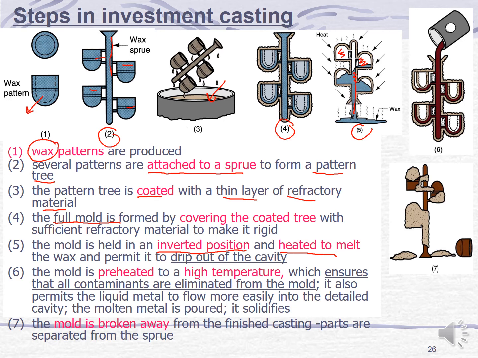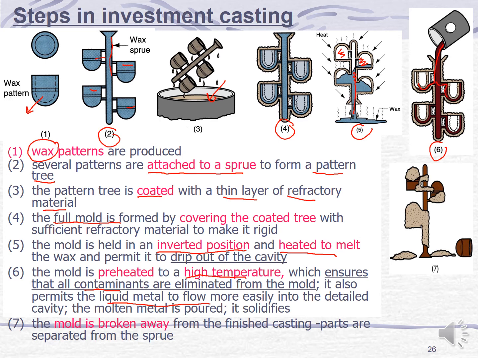Okay, and then the mold is preheated to a high temperature to ensure that all contaminants are eliminated from the mold. It also permits the liquid metal to flow easily into the cavity.